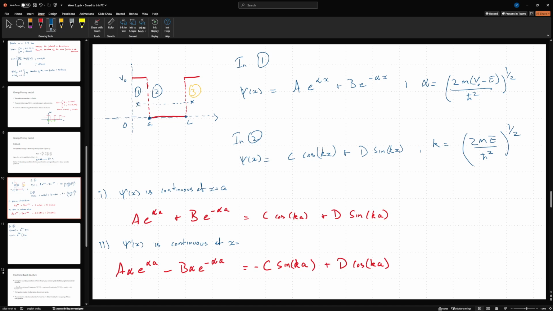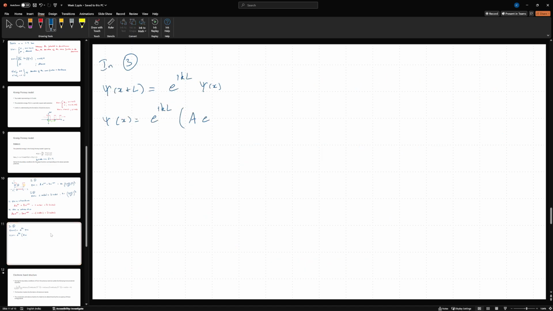All the way back here by a distance L to evaluate the function. So how do I write that over here? I will write it as e to the power alpha times x minus L, I hope that is clear, plus b e to the power minus alpha times x minus L.